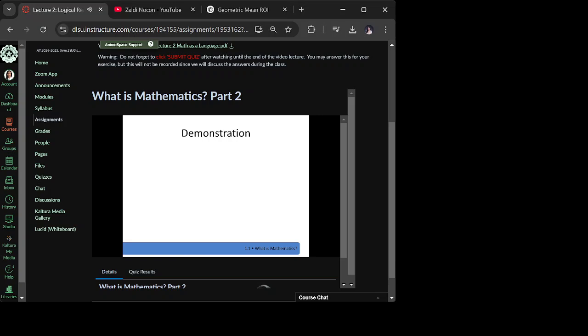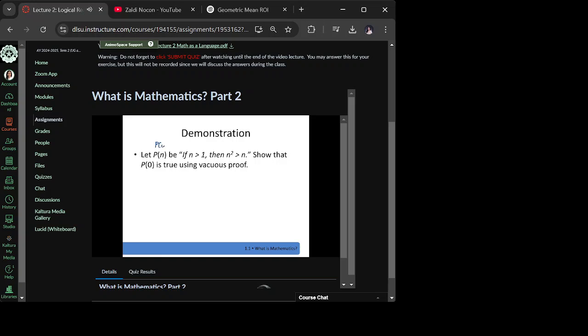Let us have an example for each method. In this first example, we are being asked to show that P of 0 is true using vacuous proof. But what is P of 0?